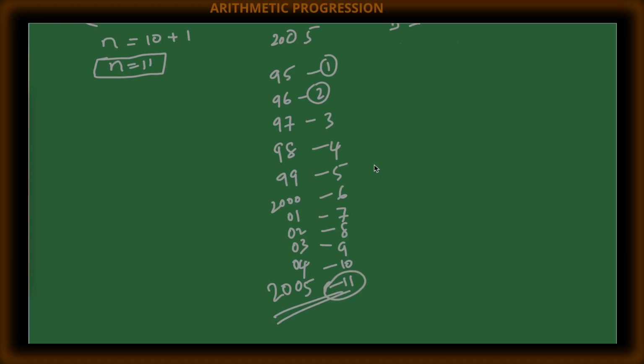If you try to add 11 here, then the answer will become 2006, which is not correct. These sorts of typical questions can be tricky. Okay students, let's move to the next question.